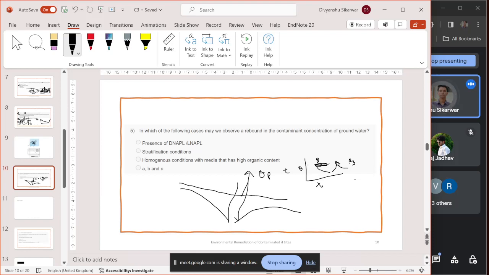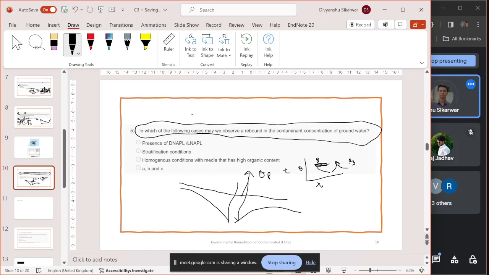So what is the reason for that reappearance? This question is asking basically that once we run a well for 1 year, we were able to remove a significant amount of contaminant, but again that contaminant reappeared. So what could be the possible reasons for that reappearance?